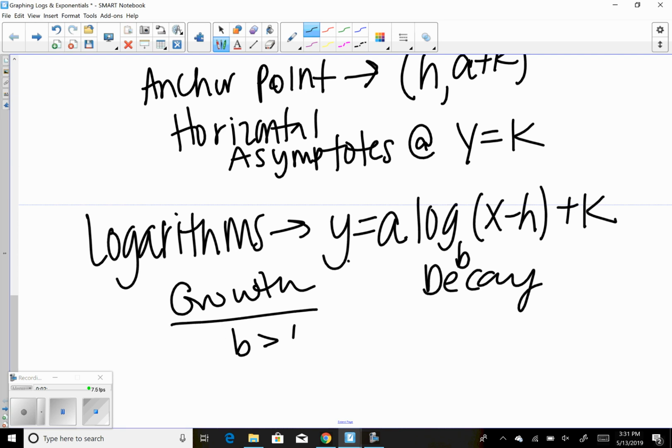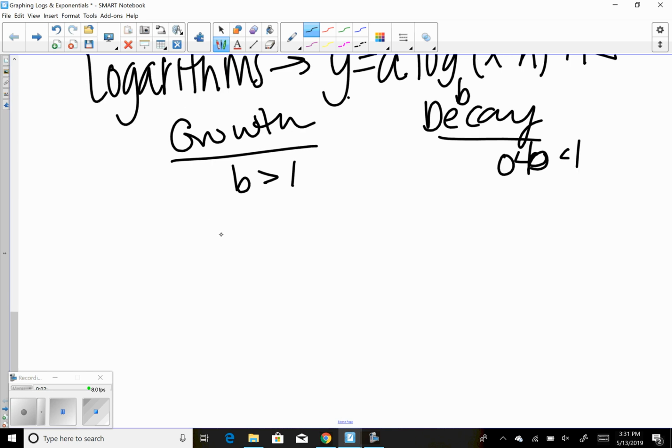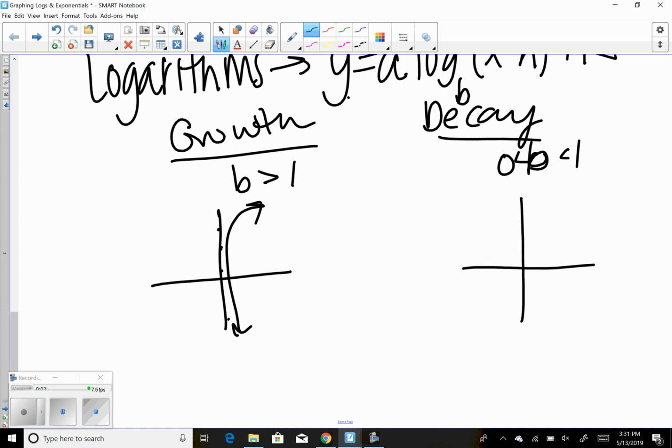When b was bigger than 1, it was growth. When b was between 0 and 1, it was decay. And we said the general shape, because these are inverses, they're reflections over the line y equals x. You have this asymptote and the general shape looks like this, and you have this asymptote here and the general shape does this for decay.